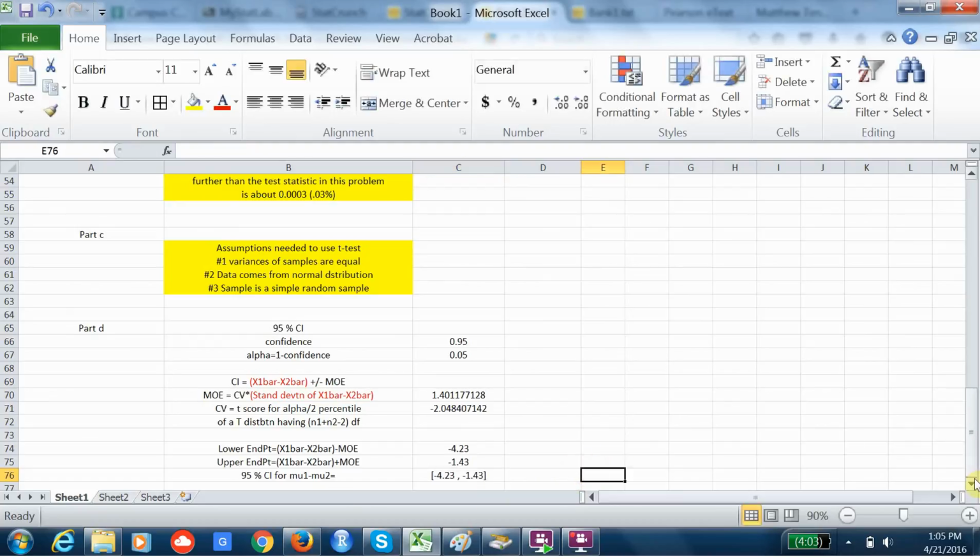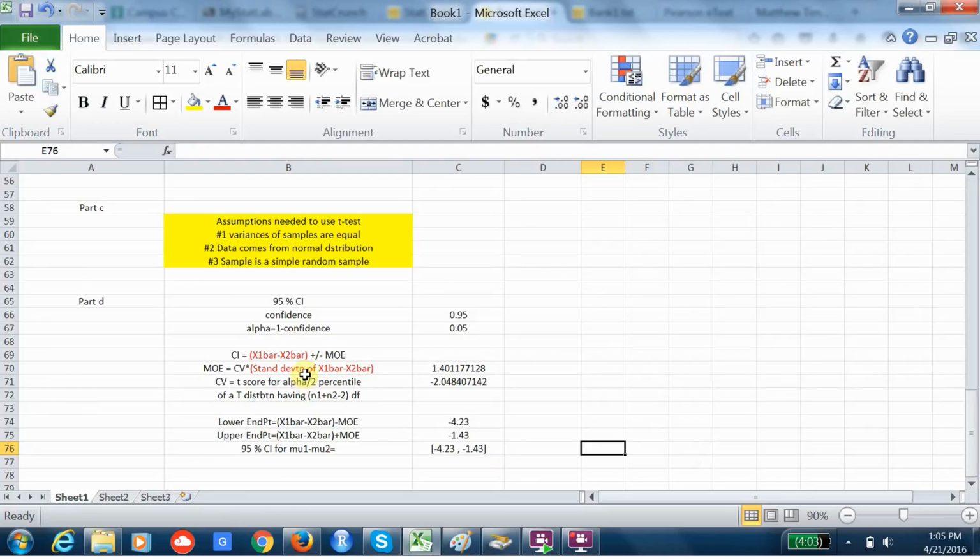Notice that we said this before. We said that the 95% confidence interval is the same as a hypothesis test conducted at alpha equal to 5%. So remember what this means. It means that when I reject the null hypothesis at 5%, D cannot be in the confidence interval at 95%. And D was 0.